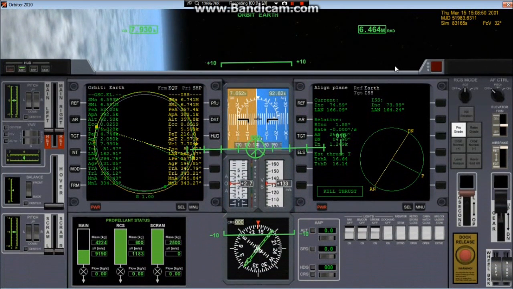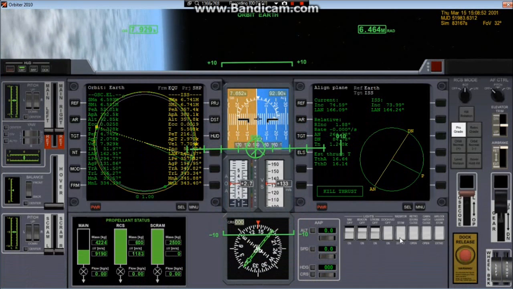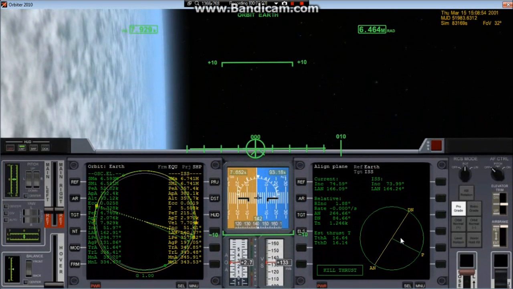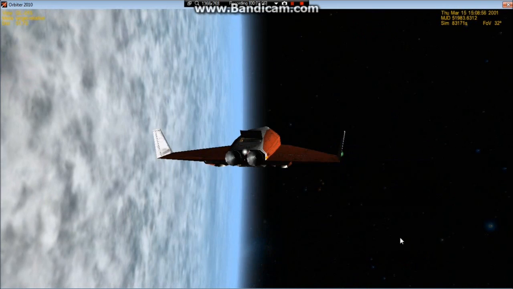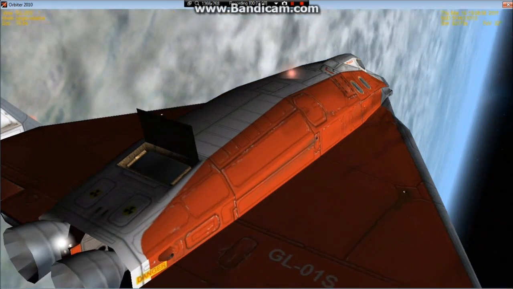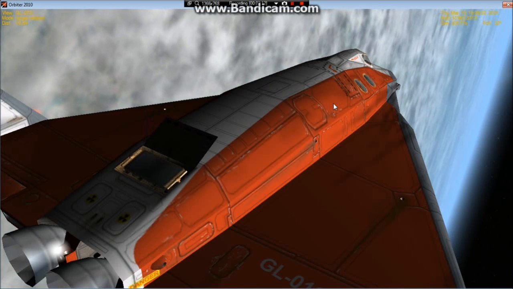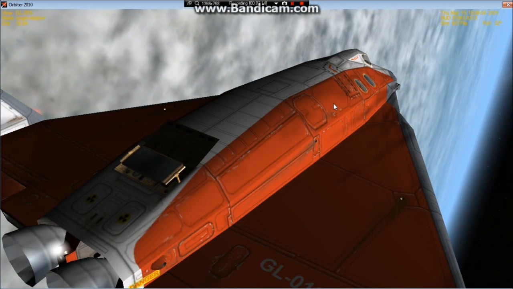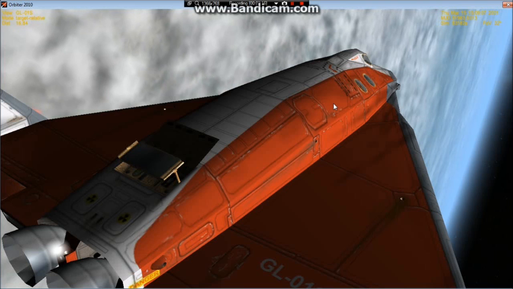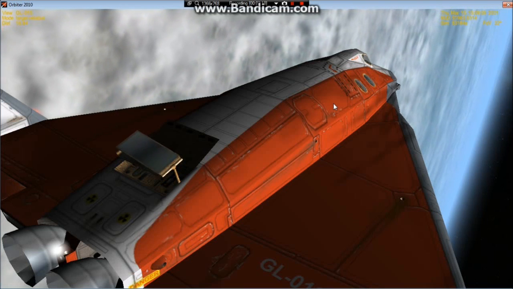Okay, so we're in position now. We're going to go ahead and also deploy our radiator, like I said earlier. And basically what the radiator does is allow our system components to cool off because there's no surrounding air for the spacecraft to bleed energy to.